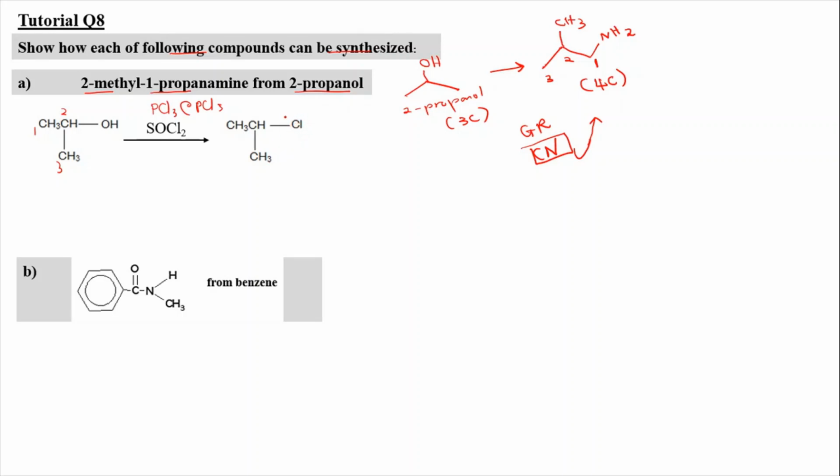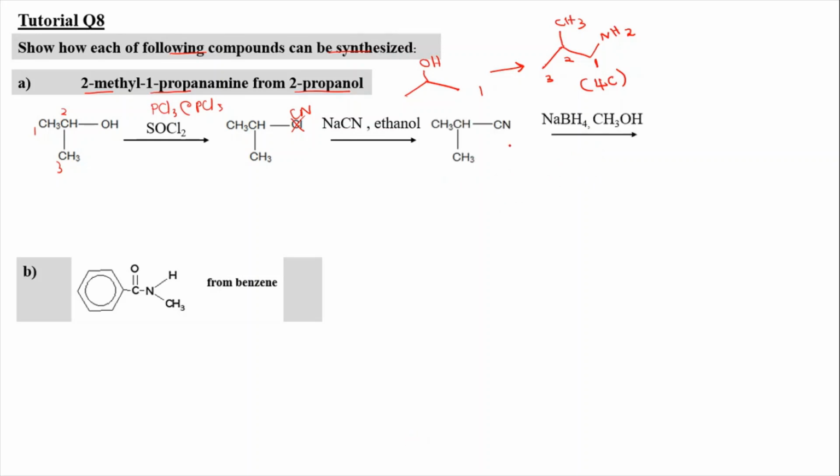Okay, and this haloalkane can now react with NaCN in ethanol, so that the Cl here can be replaced with CN, so that you get your nitrile compound here. Okay, so you can use NaCN in ethanol. So what's going to happen here is that the Cl is going to be replaced with CN.